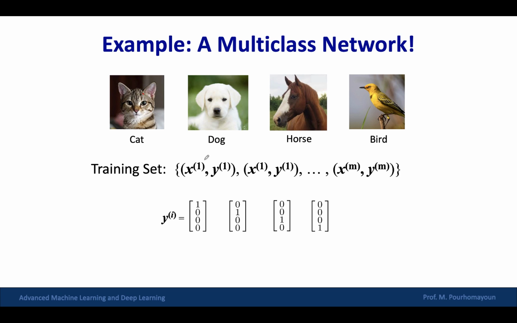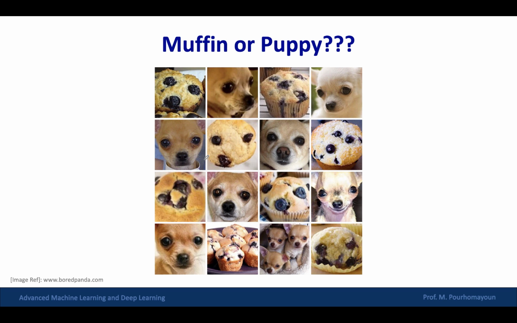So, although neural networks are the best approach to detect objects, there are still very complex problems in real life. Sometimes it's easy for our brain to detect if this is a dog or a muffin, and although it looks easy for our brain, this is still a challenging problem for computers.